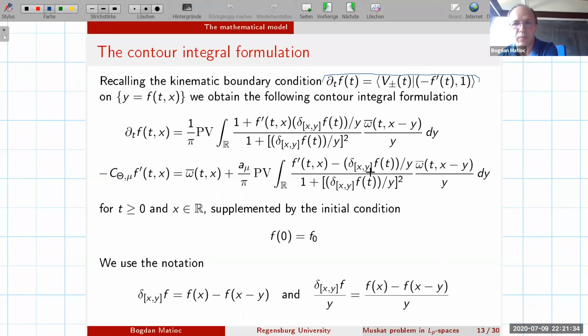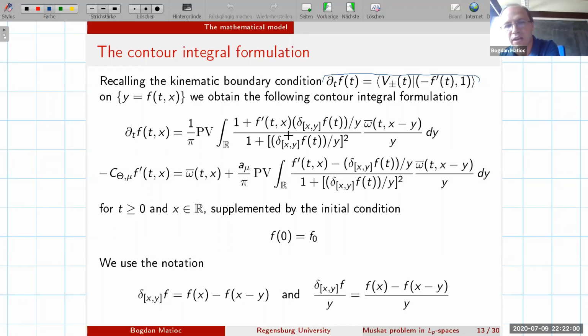So this is a Muskat problem. This is a contour integral formulation of the problem. An important observation is that if A mu is 0, that is when the fluids have equal viscosities, omega bar is a constant times f prime. And if we replace omega bar by this constant times f prime, here we obtain one single equation for f.